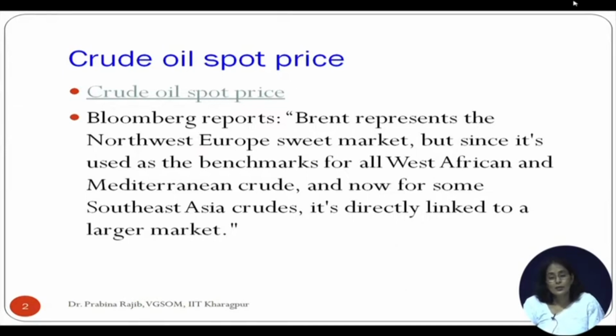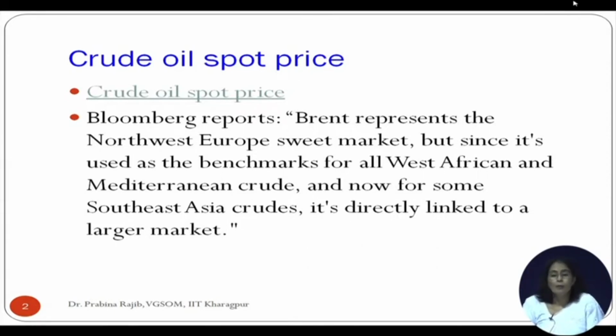The answer to this particular question has been very succinctly given by this quote by Bloomberg. Brent represents the Northwest Europe sweet market, but since it is used as a benchmark for all West African and Mediterranean crude, and now for some Southeast Asia crudes, it is directly linked to a larger market.